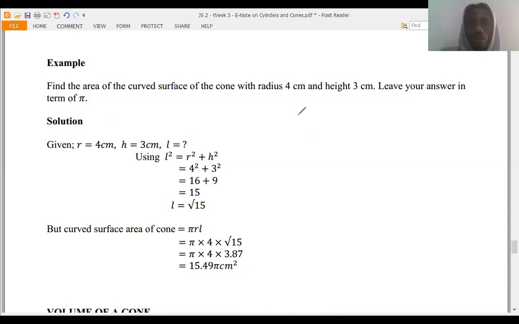Let me quickly draw a cone here and show you the parts that are given. So we're given the radius as 4 centimeters. We're given the height as 3 centimeters. Don't mind my shape. Now we're supposed to calculate the slant height.